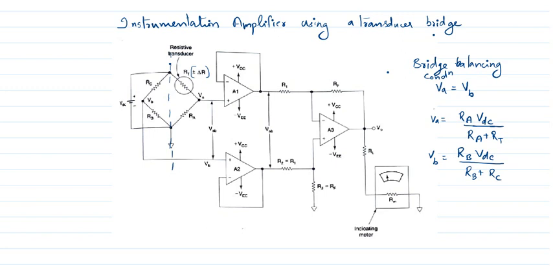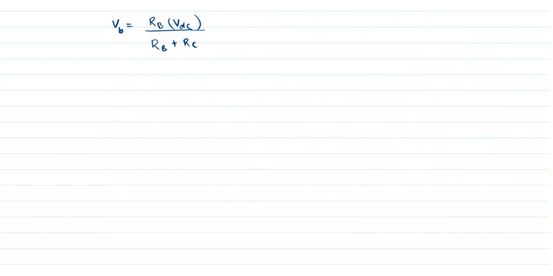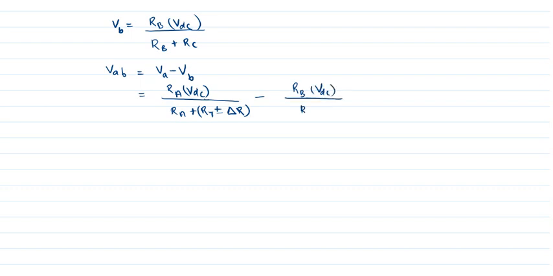So we can write the voltage VAB, which is the change in voltage VA minus VB, equal to RA VDC divided by RA plus RT plus or minus delta R, minus RB VDC divided by RB plus RC.